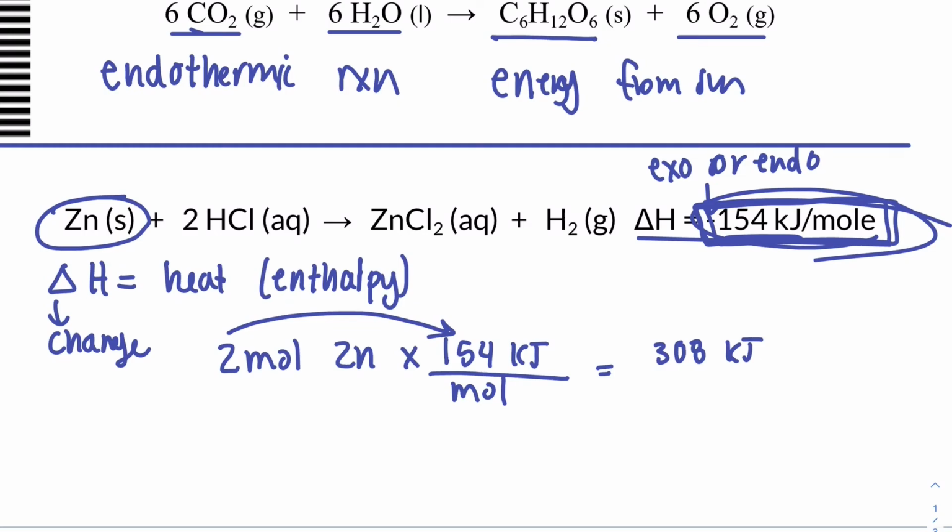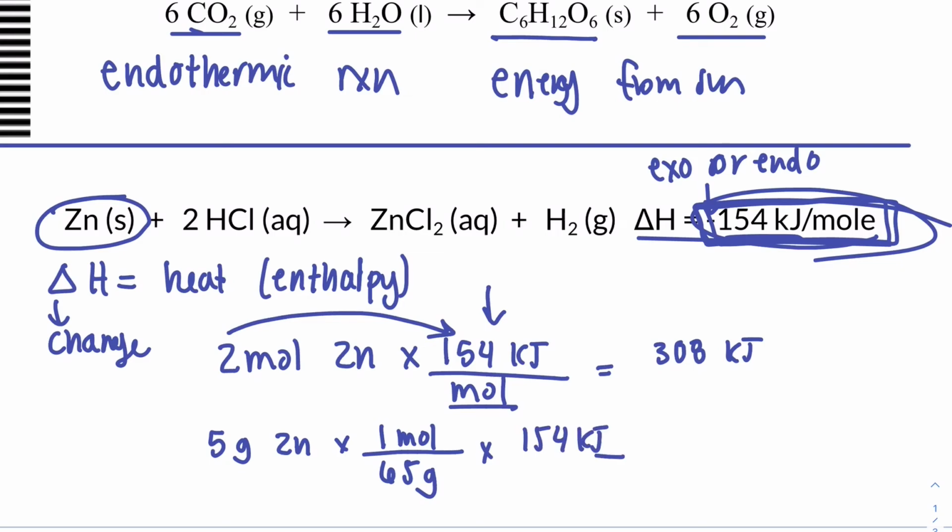You could also start in grams. Let's say you had 5 grams of zinc. How many kilojoules of energy would this 5 grams of zinc produce? Well, first you would need to convert this into moles because the conversion factor is in moles here. 1 mole of zinc is 65 grams times 154 kilojoules per 1 mole, and that will get you 11.8 kilojoules of energy produced from 5 grams of zinc.